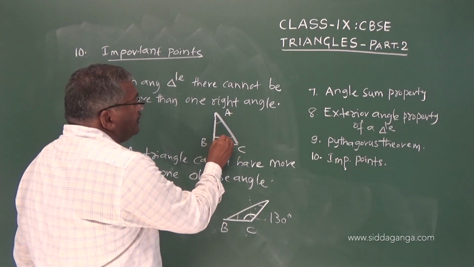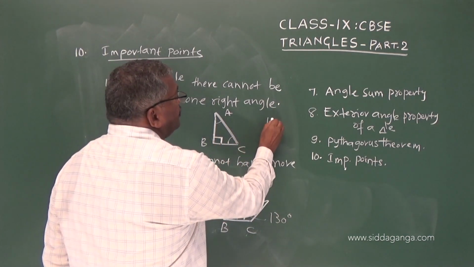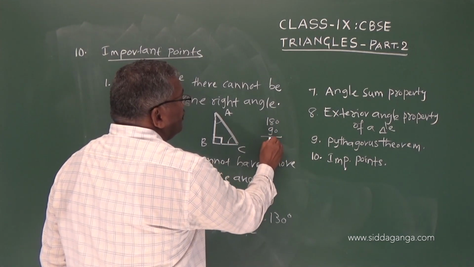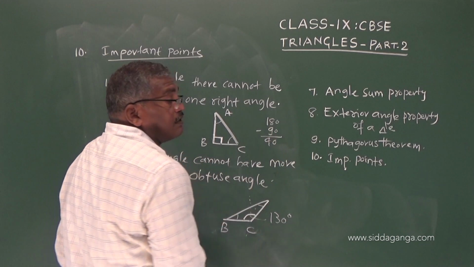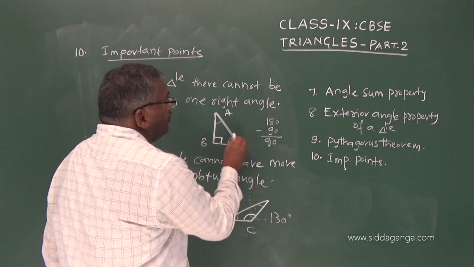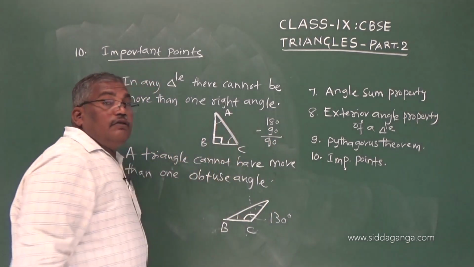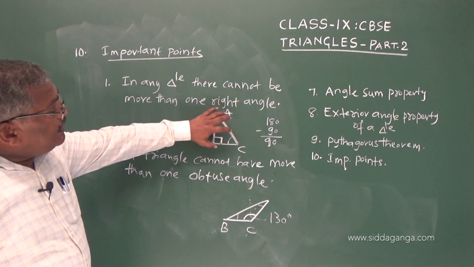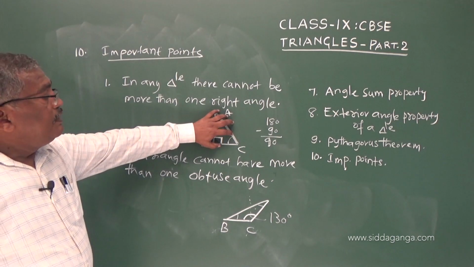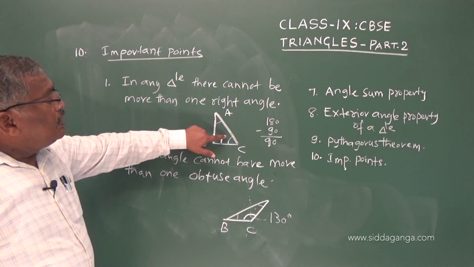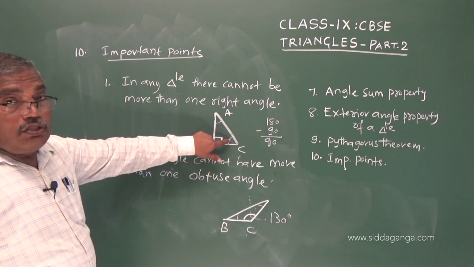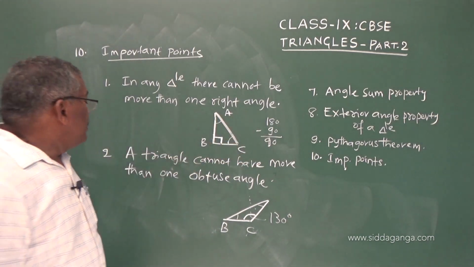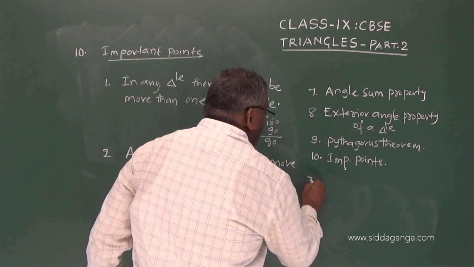This is already 90. Out of 180, if you minus 90, we are left with another 90. Therefore, in any right angle triangle, the sum of the other two acute angles other than this right angle must be equal to 90 degree. That is the third important point you should remember.